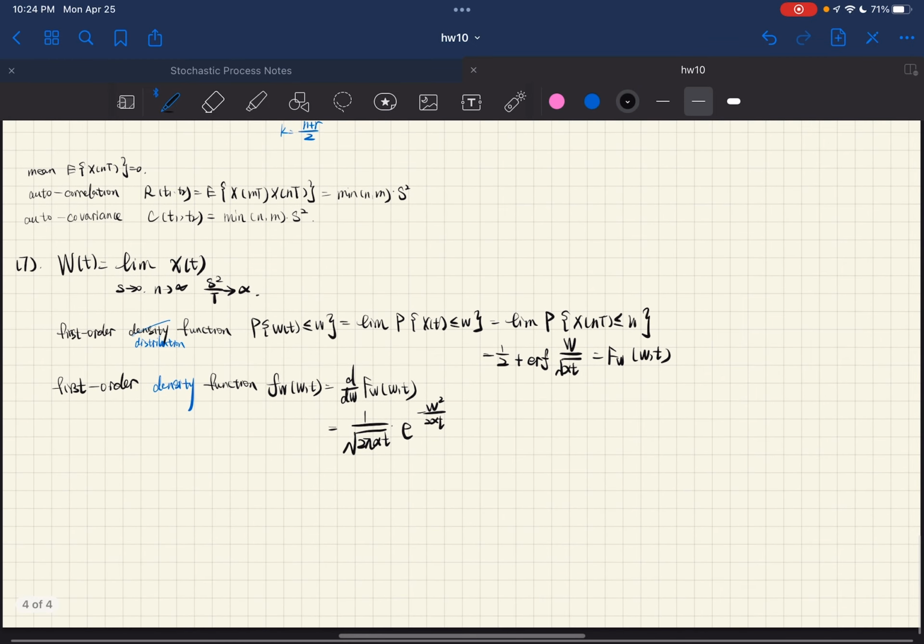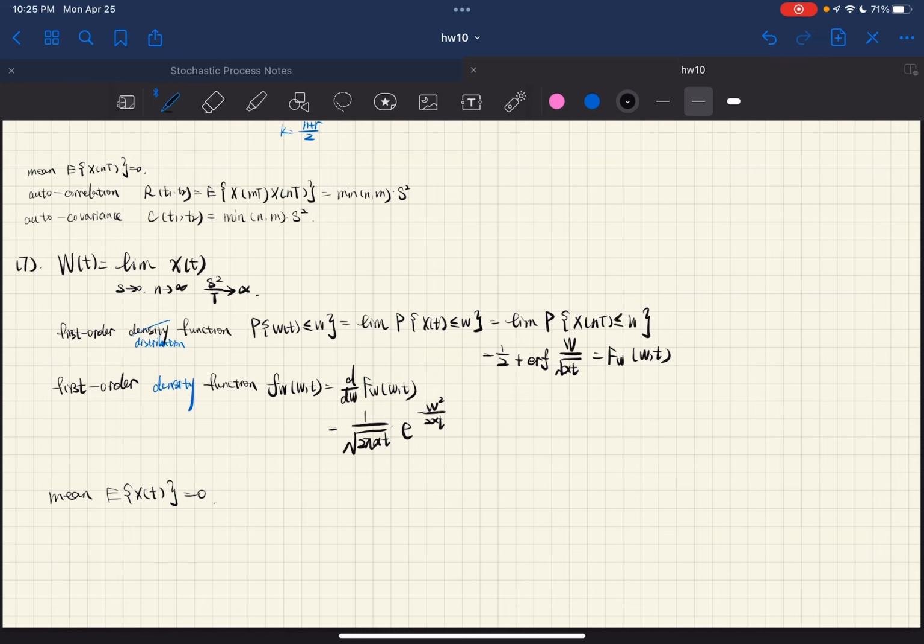And because the mean value of the random walk is 0, the mean value of the Wiener process is also 0, since it just takes the limit of the random walk.